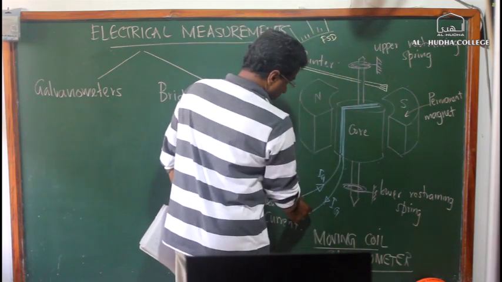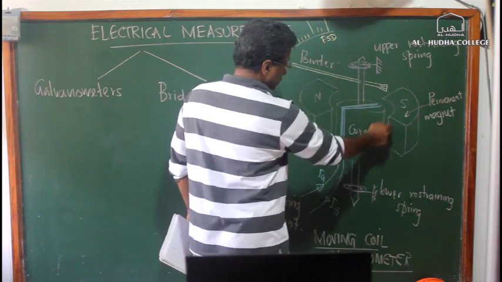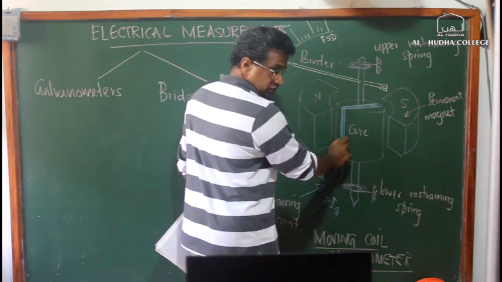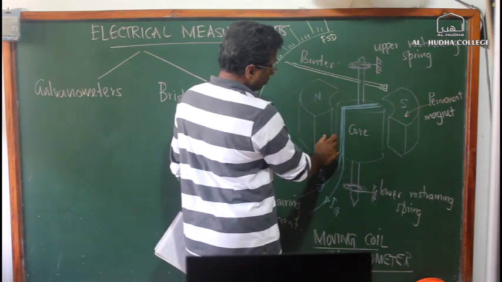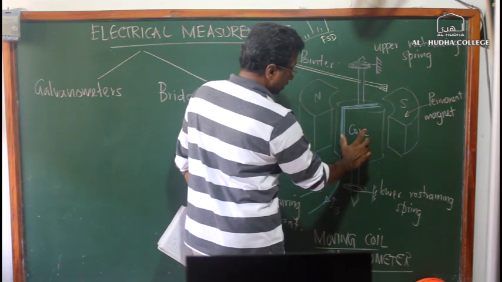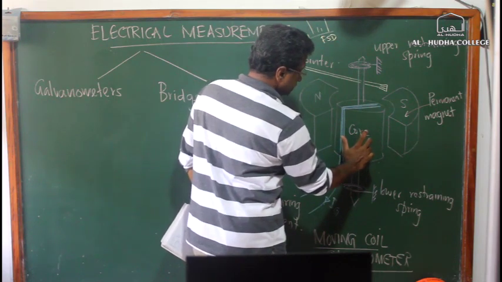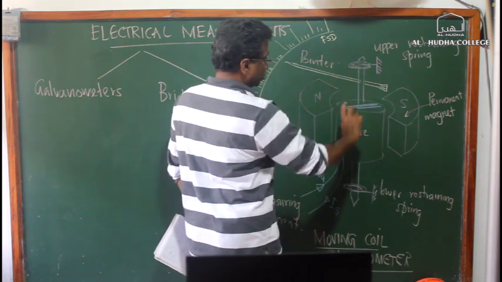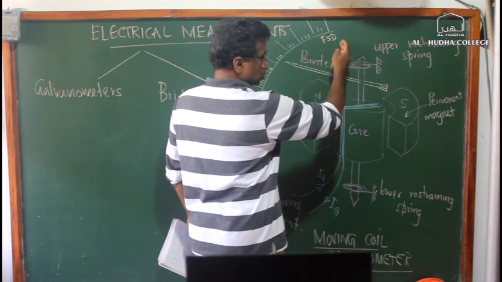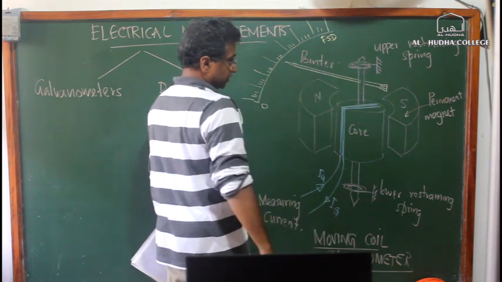When you apply a current to the coil here in the core, there will be a magnetic force that is generated between the permanent magnet and the core, and because of that magnetic force, the core will start rotating. So when the core rotates, the pointer will move from 0 towards full scale deflection.